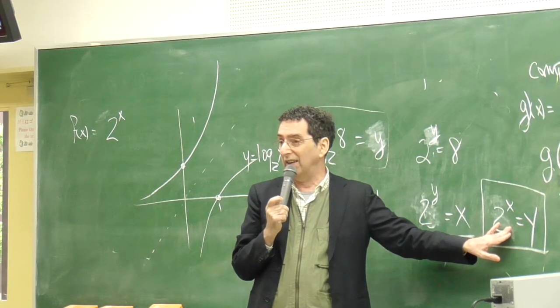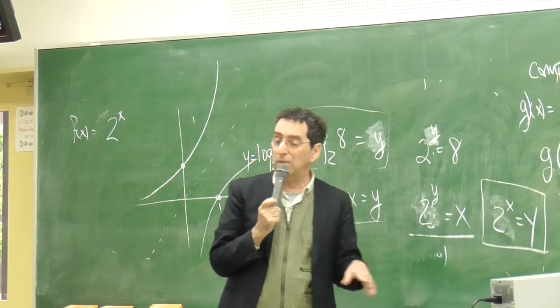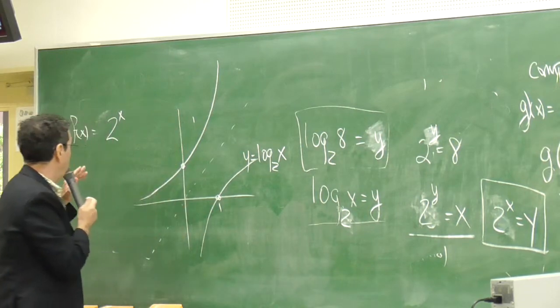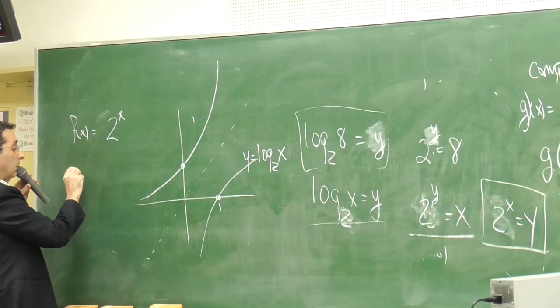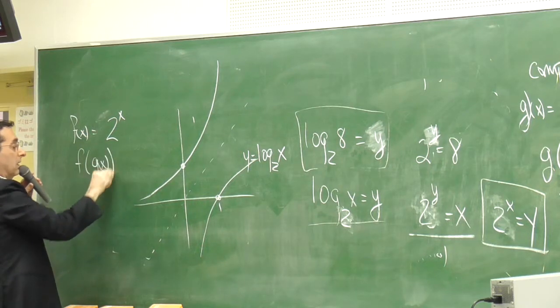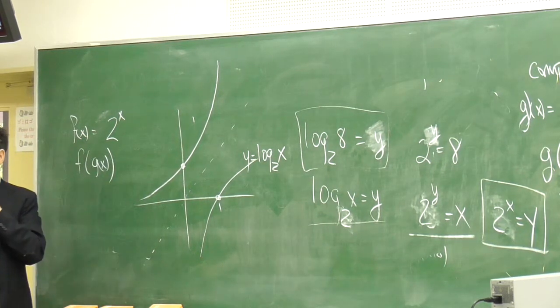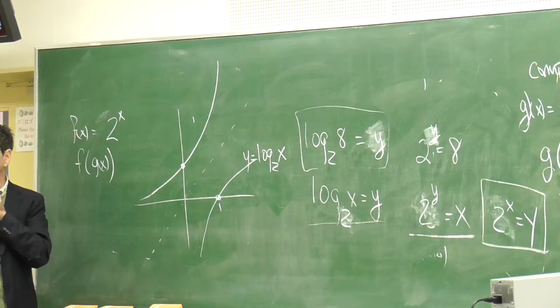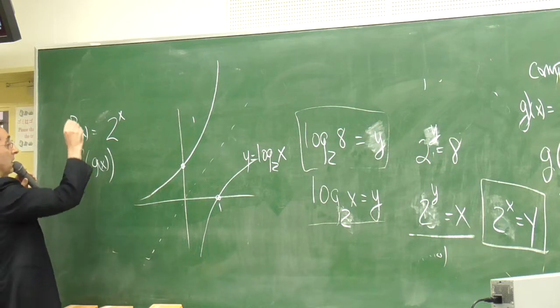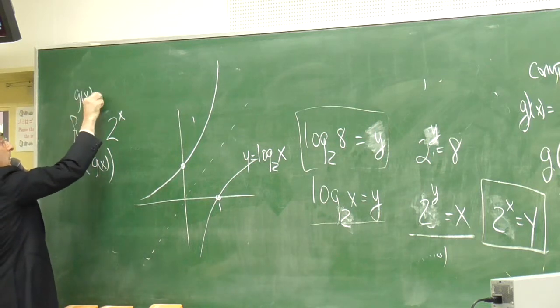So when we write out both of them together, it's going to look kind of amazing, but it really is nothing. It's just saying that we defined the log to be the inverse, so you have to get x at the end. But when you write it out, it looks interesting. So let's say g of x is the log function.